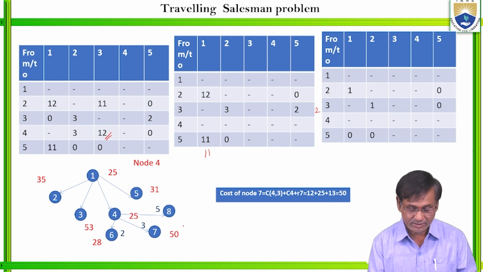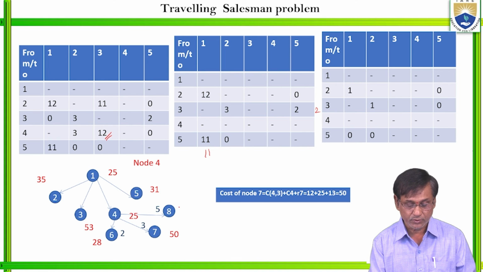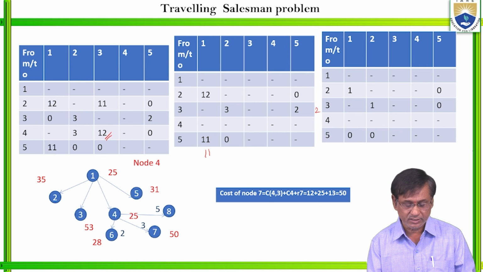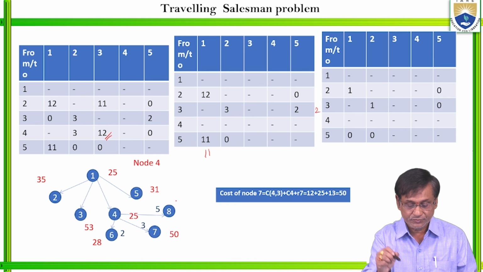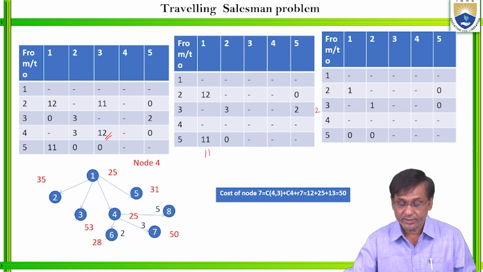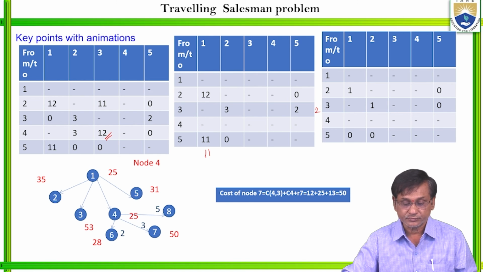Now after calculating node 7, we have to find the cost of node 8. For calculating the cost of node 8, again we have to take the reduced matrix of node 4 and modify it: all the elements in the fourth row as dash or infinity, the fifth column also infinity, and 5 to 1 also infinity or dash.